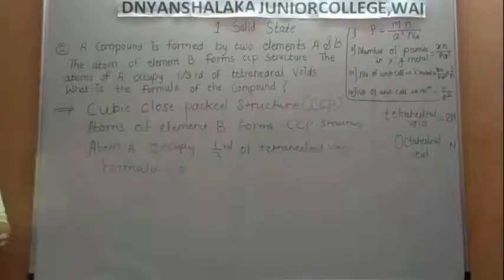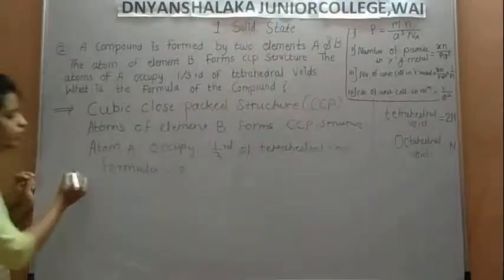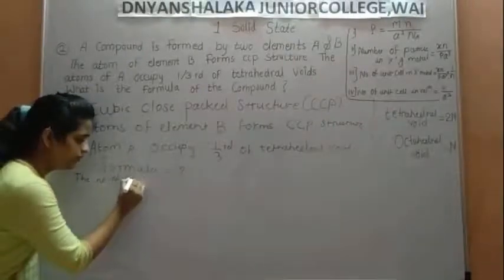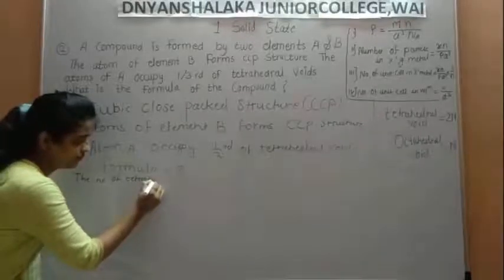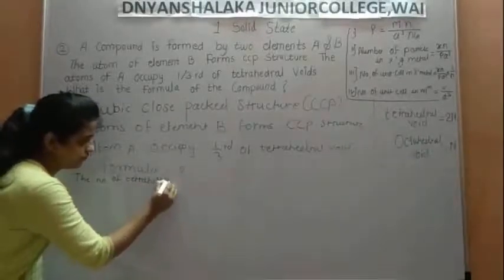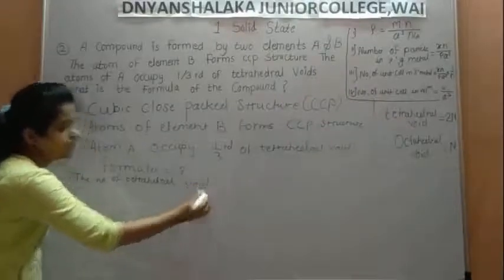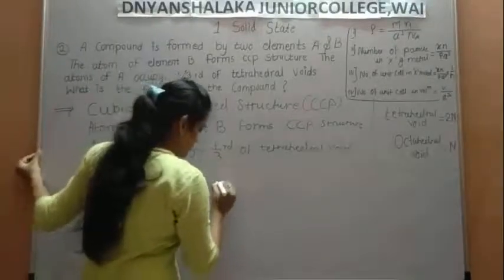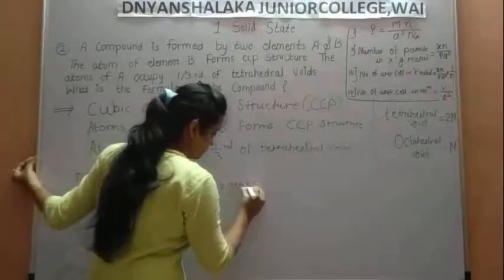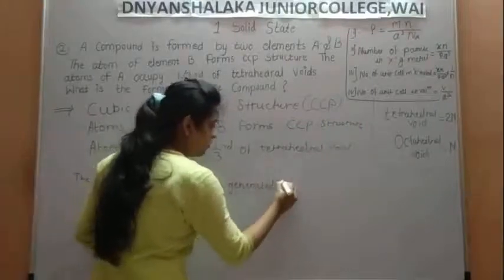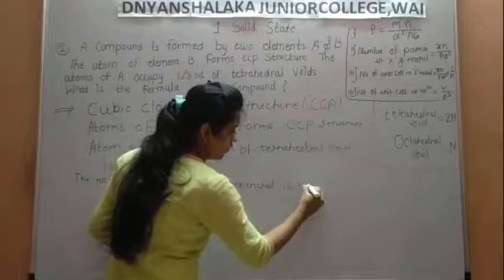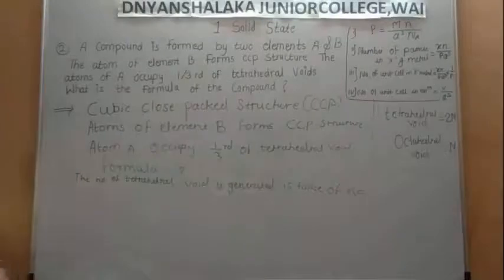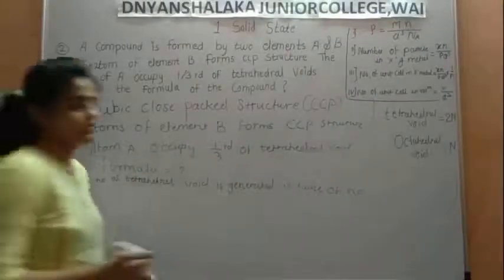Next we write the number of tetrahedral voids. The number of tetrahedral voids generated is twice the number of B atoms.